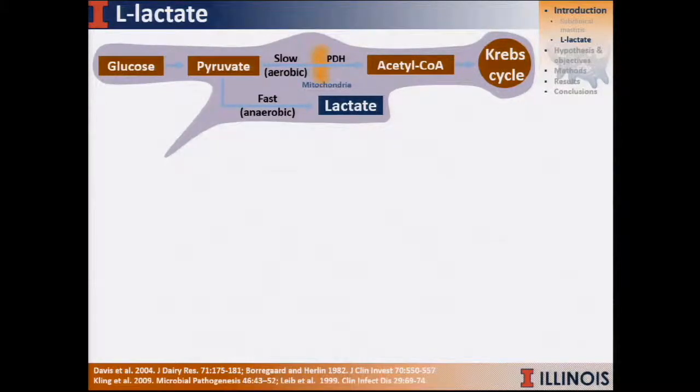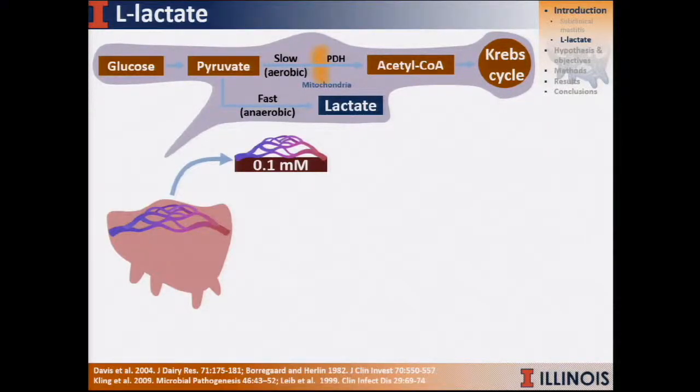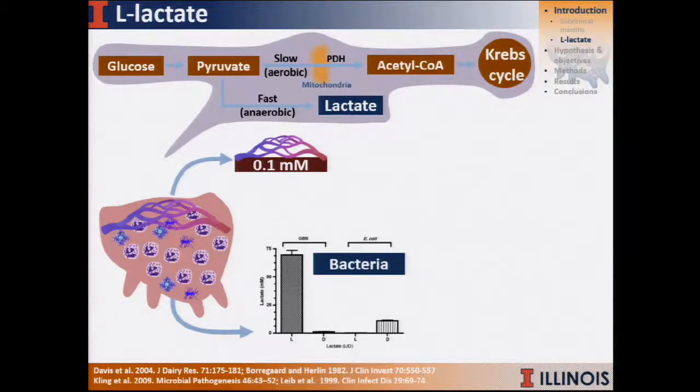So where does milk lactate come from? Lactate is normally present in the milk at a concentration around 0.1 millimole and mostly comes from circulation. However, in case of mastitic milk and the presence of bacteria, some of these bacteria are lactate-producing bacteria such as group B streptococcus, including Streptococcus agalactiae.